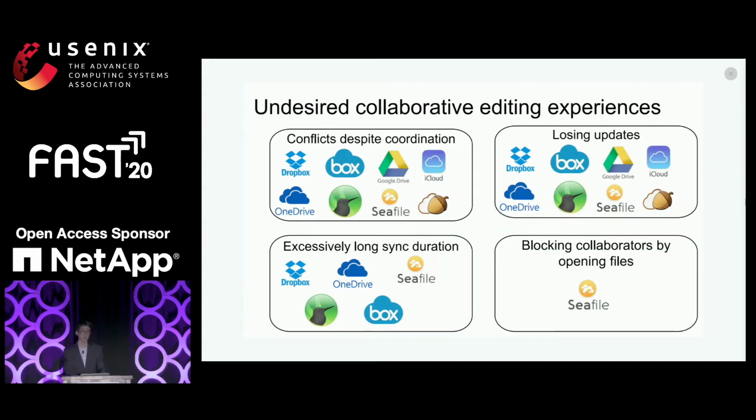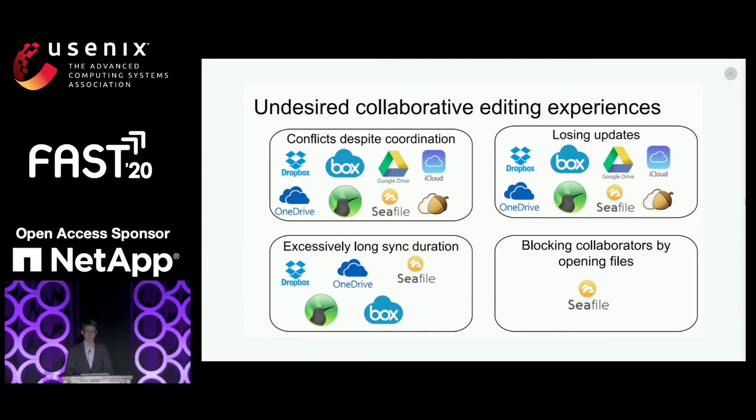We studied 8 widely used cloud storage systems, including Dropbox, Google Drive, Seafile, and Nutstore. Our results revealed a series of unexpected and weird behaviors, like conflicts despite coordination, lost updates, and excessively long synchronization duration. And you might block a collaborator by just opening a file.